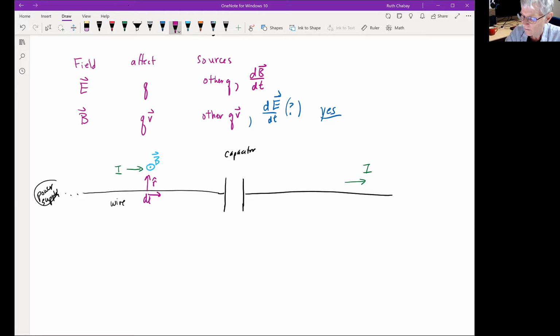Down below, if we have a different r hat, dl cross r hat, that would make a magnetic field into the page. And so what we're going to get is this pattern of magnetic field that's sort of curling around the wire everywhere along the wire.